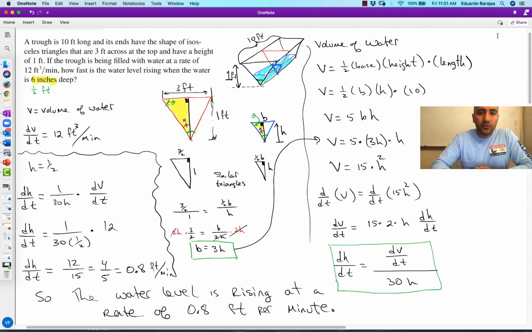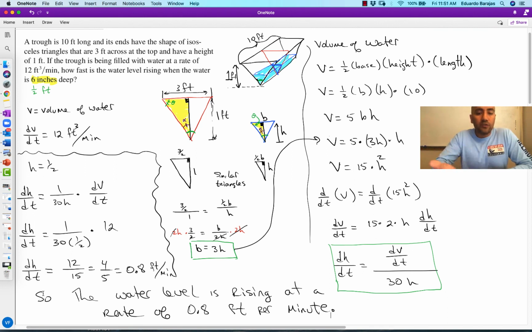As we see in our picture here, the entire shape of this trough has a height of 1 foot, but the water line is going to be much smaller than that. As it's rising, it's approaching 1 foot.